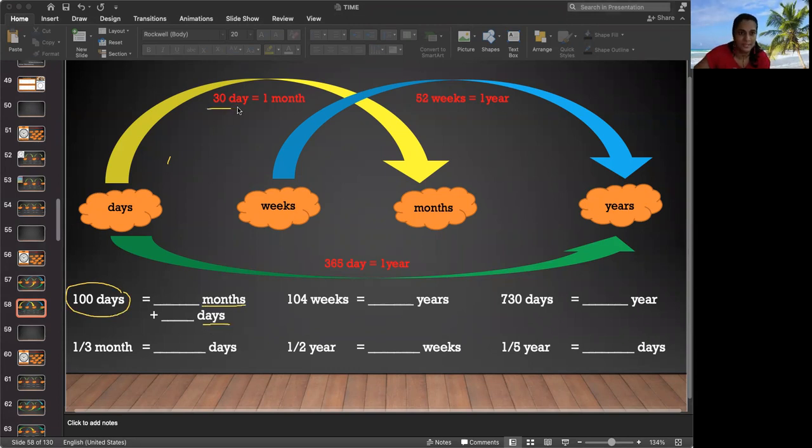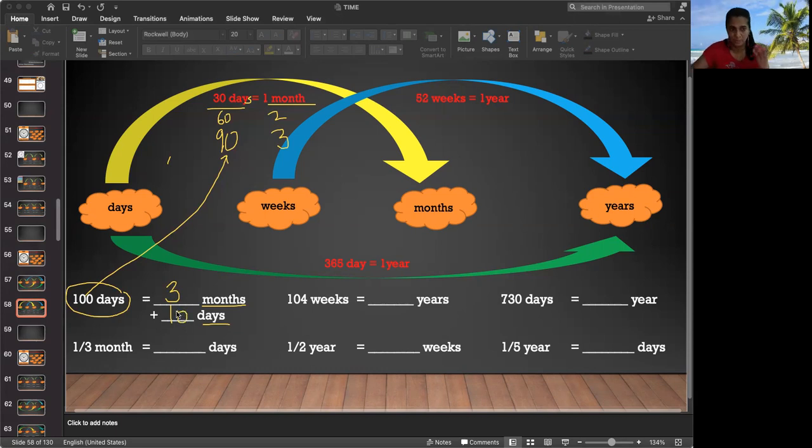If 30 days make 1 month, then using the times table of 30, 60 days will make 2 months, 90 days will make 3 months, and that already tells you you're almost close to 100. So you'd have 3 months already, and there is a difference of another 10 days.